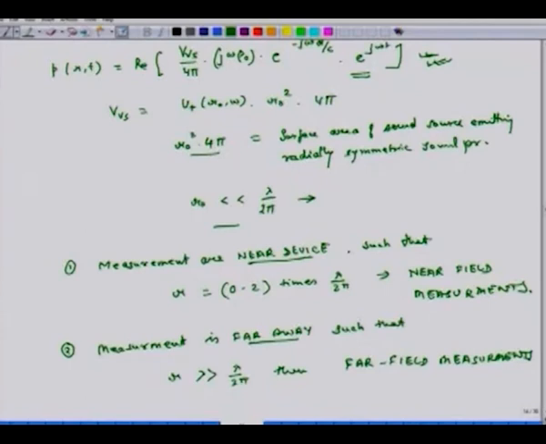Now, we move one step further and we start exploring what happens if we have more than one monopole, and then how does the sound field get affected. And at this stage we will start talking about the concept of interference.